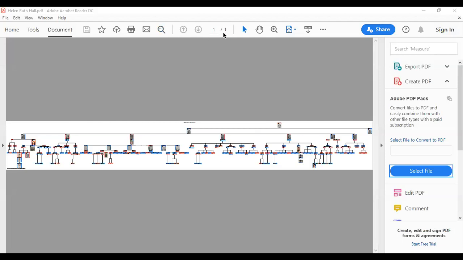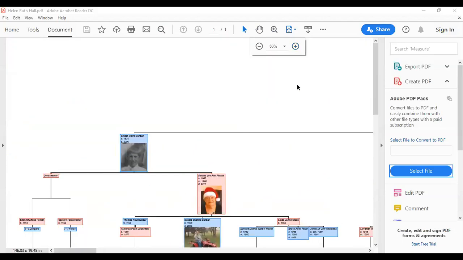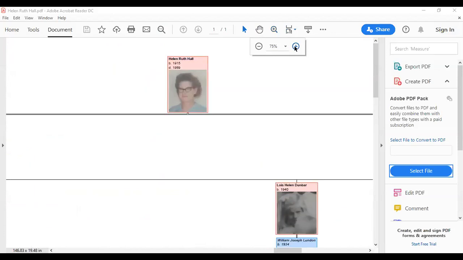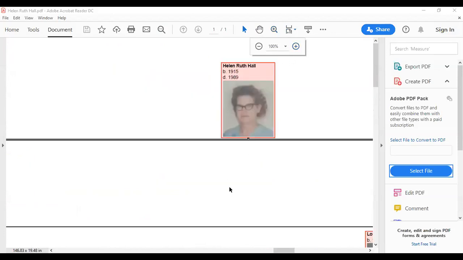Let me zoom in because this is my grandma's next sister, my grandma's the oldest. This is the second oldest, Helen. Your great aunt. Yeah, she's my great aunt.